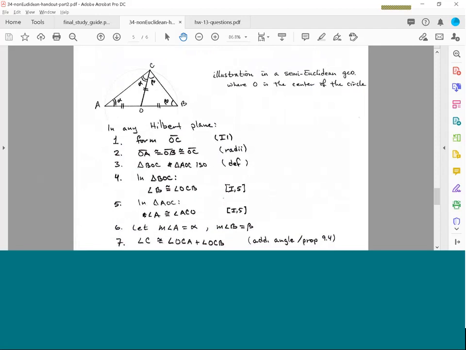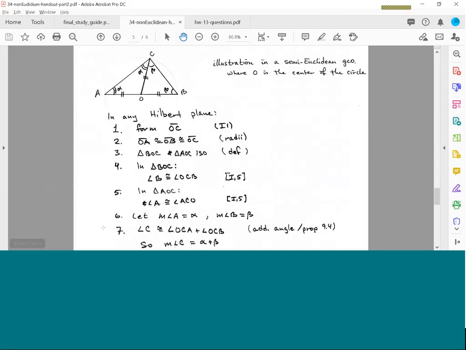Now, let's tie this into C. So we're going to go ahead and find the measure of angle C. But first we see that the measure of angle C is exactly the same as OCA and OCB. Well, we know that those two are congruent to these two, so we can totally sub out here for angle A and angle B. And with that skipped step that should be there, the measure of angle C would simply be alpha plus beta. A little bit of a skip step, but not much.